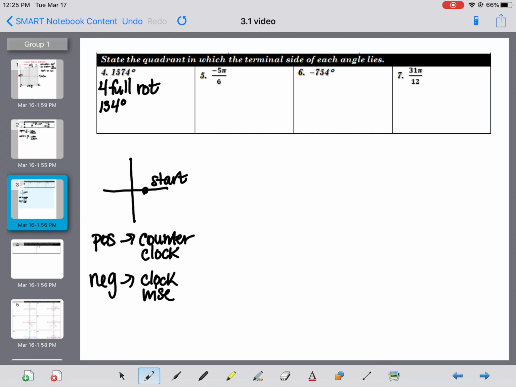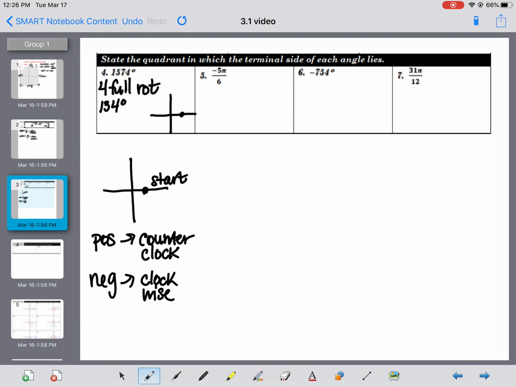So 134 degrees is the angle that I want to use to determine where my terminal side is going to end. Okay, so the terminal side is just where the angle stops. So 134 degrees, if I start on the positive x-axis, 0 to 90 is the first quadrant.